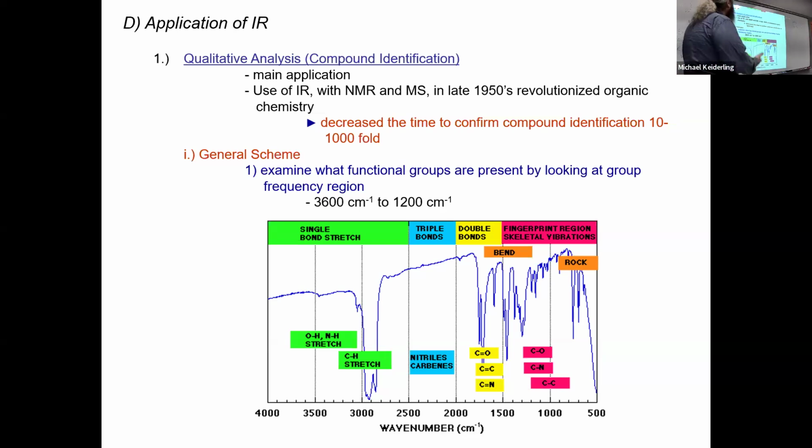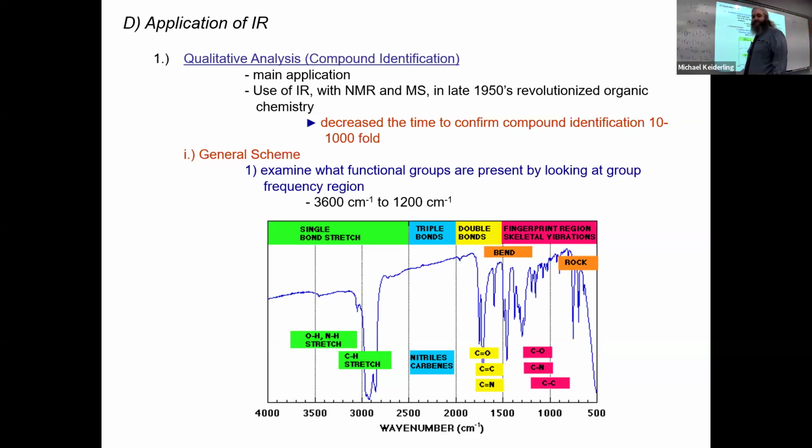And the general scheme is you examine what functional groups are present by looking at each group frequency region. So in this range is single bond stretch: CH stretch, OH, NH stretch. Then here are the triple bonds, the double bonds. And this is the fingerprint region, the skeletal vibrations of bending and rocking. Single bond bending, single bond rocking, and skeletal stuff.